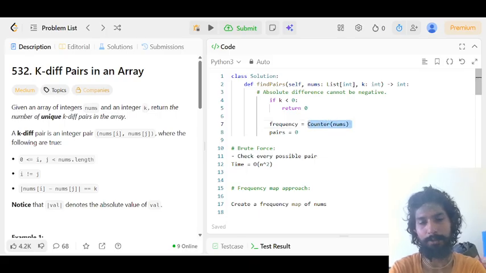This is something important that you can remember. Write it somewhere, store it somewhere. We can use Counter to get the frequency of nums. Let's check how Counter looks.